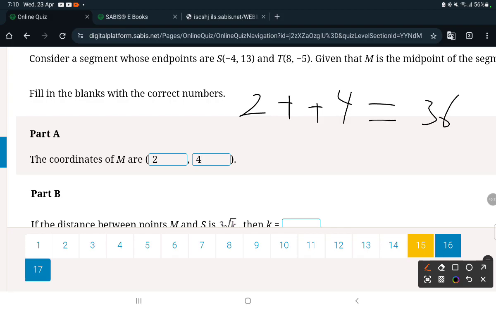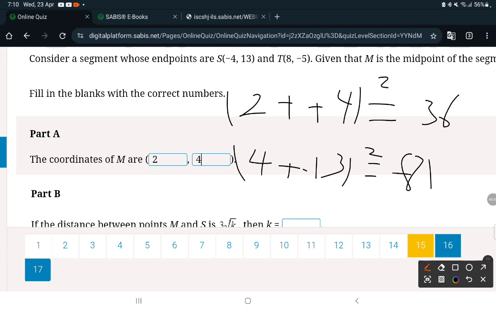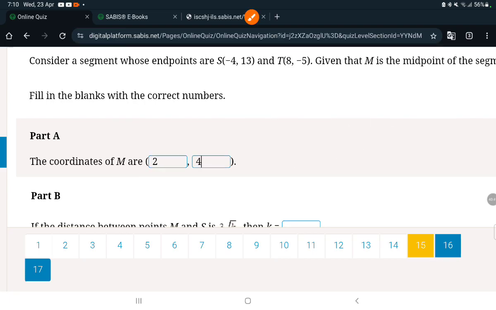And then we have y2 minus y1, minus 9 squared, which is 81. So 36 plus 81 is going to be 117, my bad.